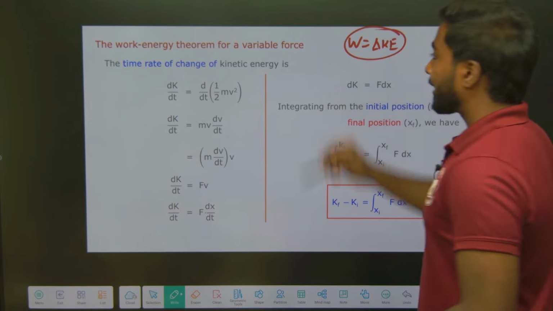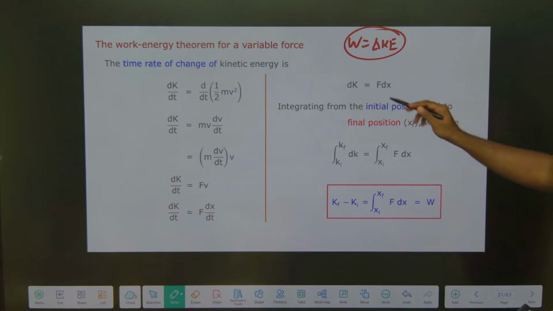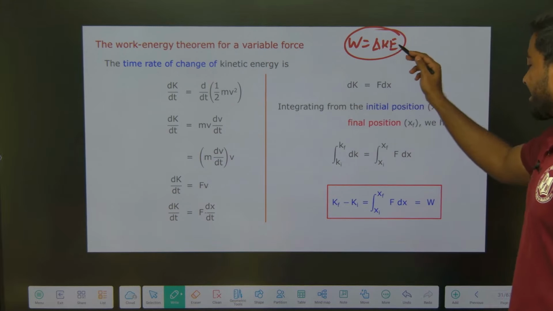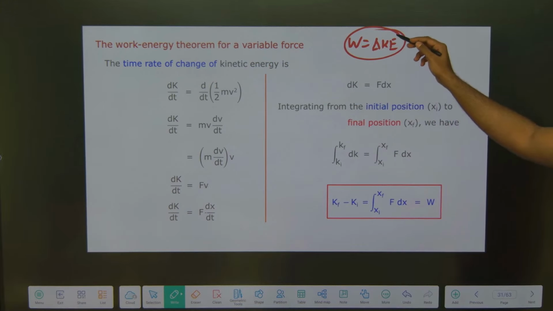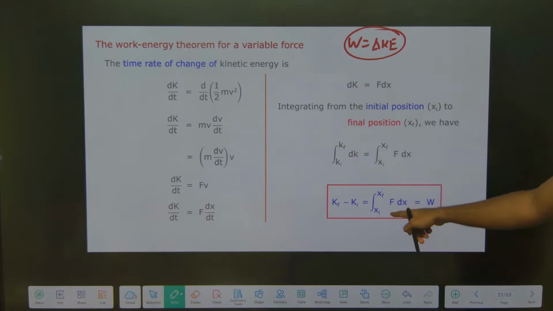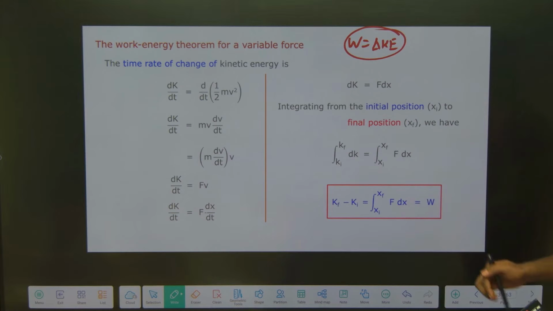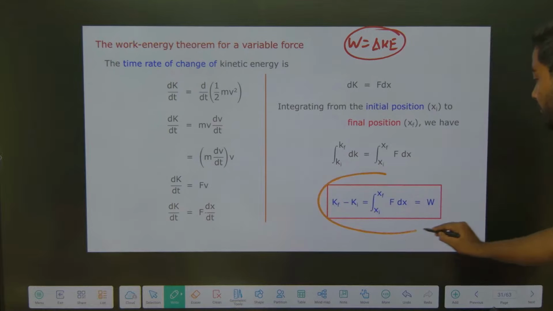Now if they are asking for variable forces, what will be the formula? Change in kinetic energy will be there, but the work done is different: integration from x initial to x final of F dx. That is the only thing that changes here.